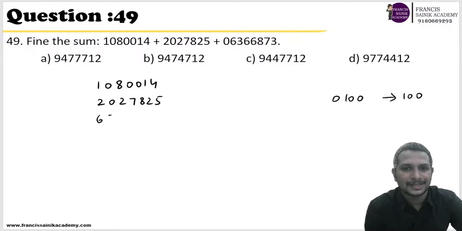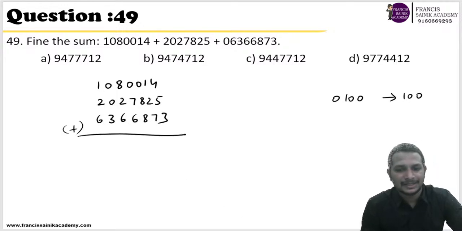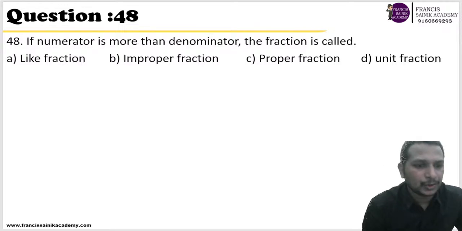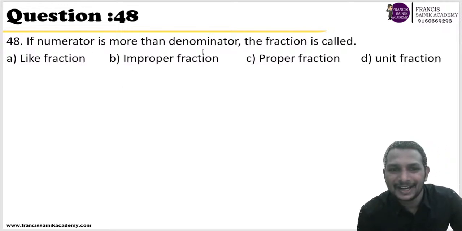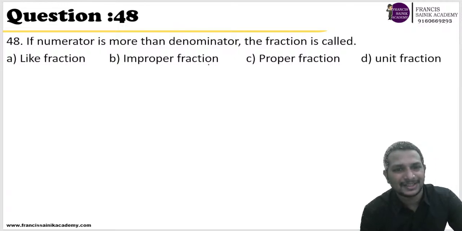Write these as 6, 8, 7, 3. Now all are having digits only. The 8th question, numerator more than denominator is the improper fraction.